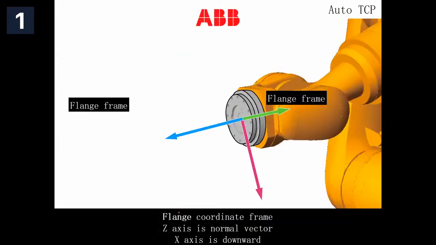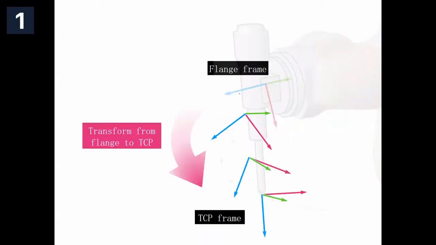This is ABB transformation. This is a flange of ABB. This is the same with KUKA because the normal vector is Z, this down is X, this is Y. The flange coordinate framework is the same.